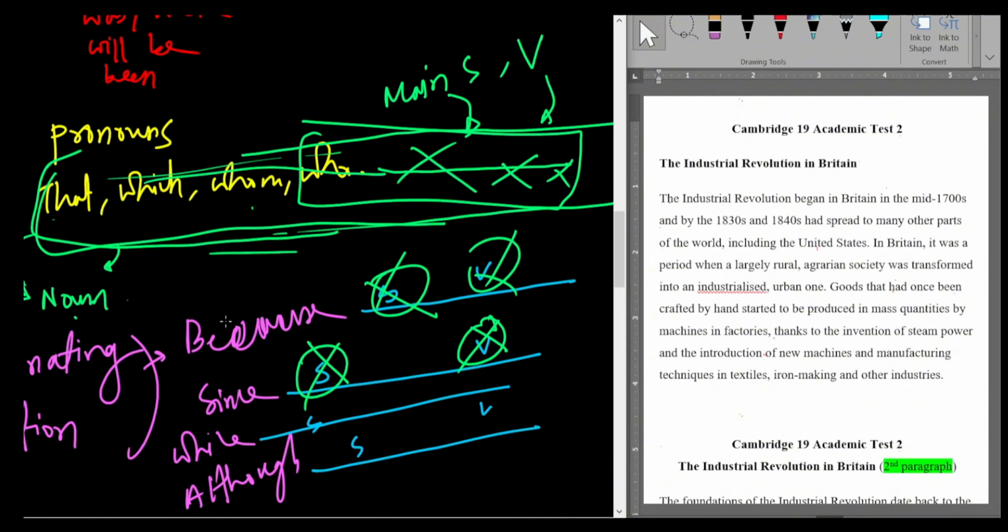So if we run into subordinating conjunctions like because, since, while, although, as, and there are many, the later part after the subordinating conjunction is not important to us, and we will not consider the subjects and verbs inside that later part as our main subject or main verb.